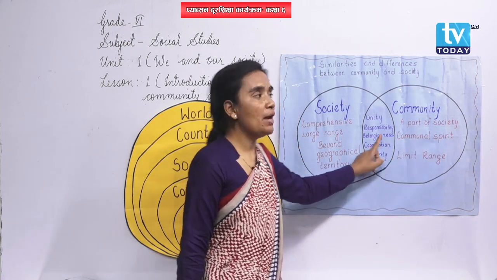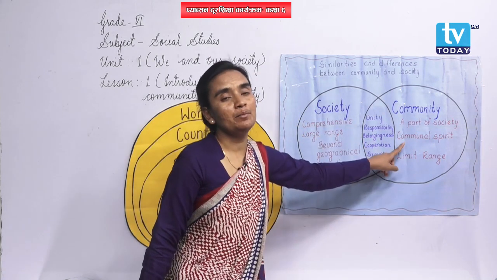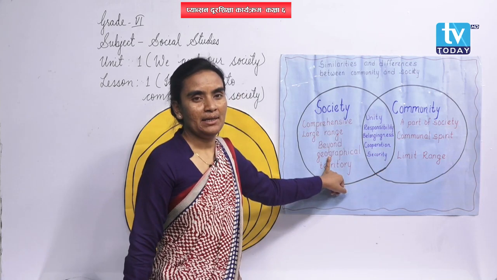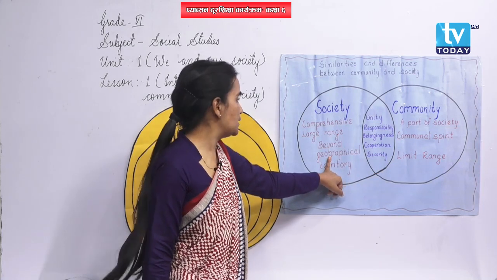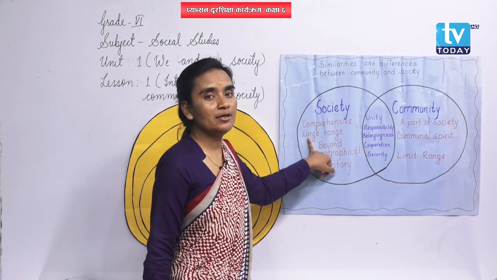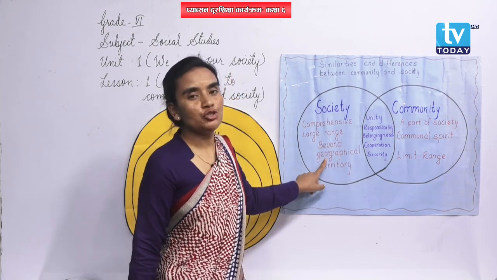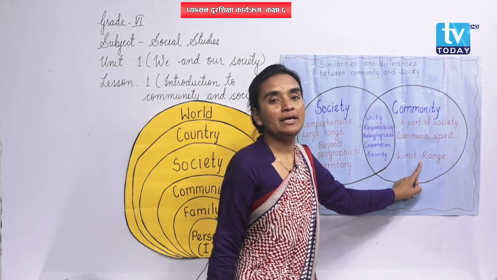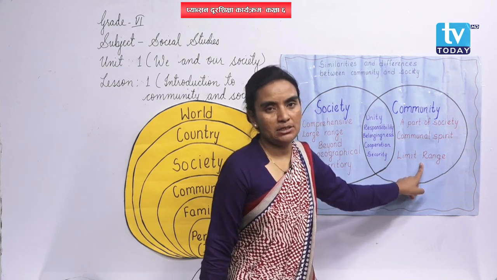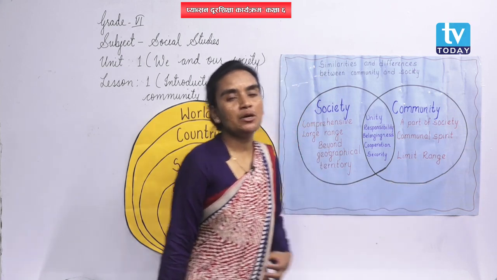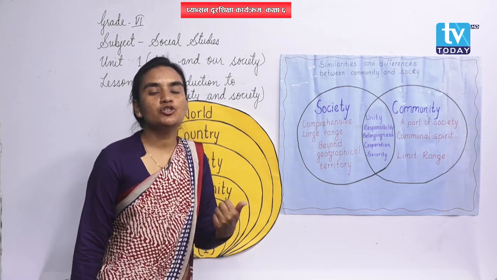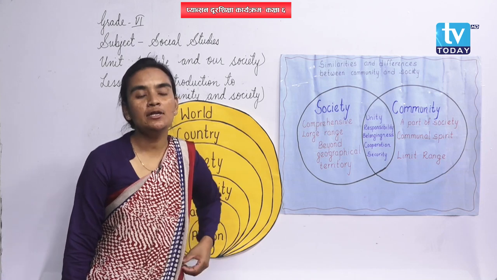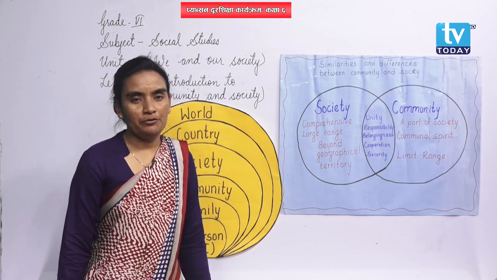Comparing society and community, society has a broad range. It has an unlimited range. It goes for a large range, beyond geographical territory, but in community we have a limited range. So remember, children, community and society are both very important to human civilization and human beings' life.